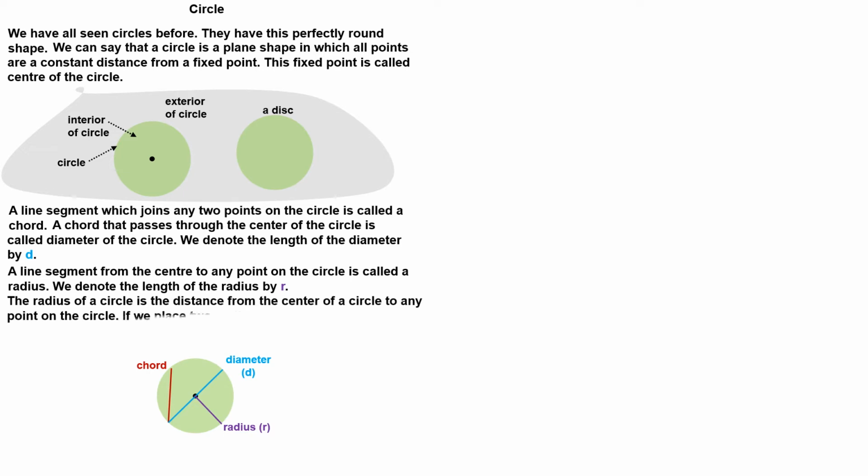If we place 2 radii end to end in a circle, we would have the same length as 1 diameter. The diameter of a circle is twice as long as the radius. Since the diameter of the circle is twice the length of its radius, we can also write d equals 2 times r.